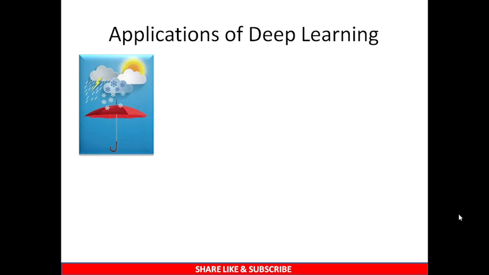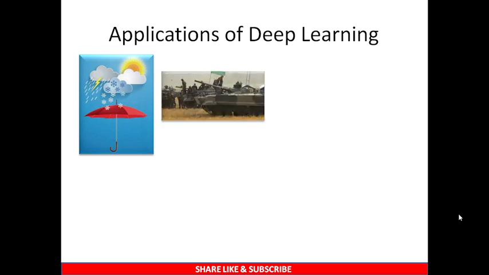And in the security and army field, it is very possible to apply deep learning, because for enemy aircraft or other unidentified objects crossing inside the allied territories, we can identify the particular object.